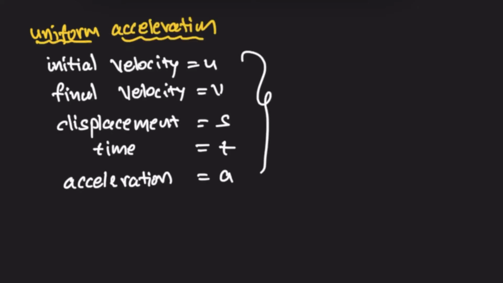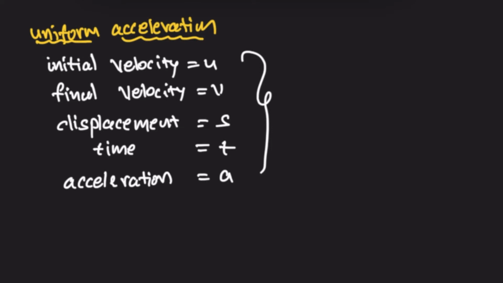We have some kinematic equations for uniform acceleration. Kinematic equations give a relation among initial velocity, final velocity, displacement, time and acceleration. Here initial velocity is represented by u, final velocity by v, displacement by s, time t, and acceleration a.